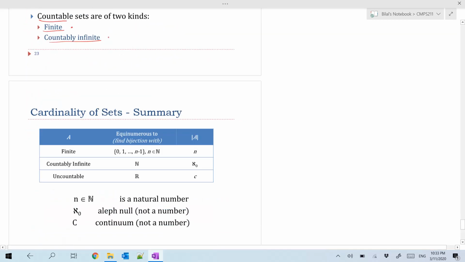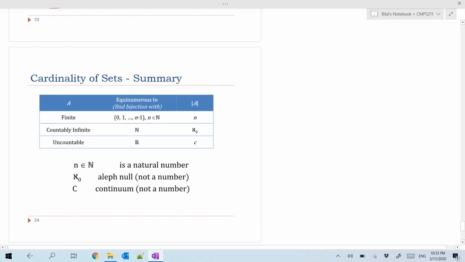Good. So another summary. For a finite set, you should find a certain integer n such that you can define a bijection between the set of integers between 0 and n minus 1, and your set A. In this case, your set cardinality is said to be equal to n. For countably infinite sets, you should find a bijection between your set and the set of natural integers.